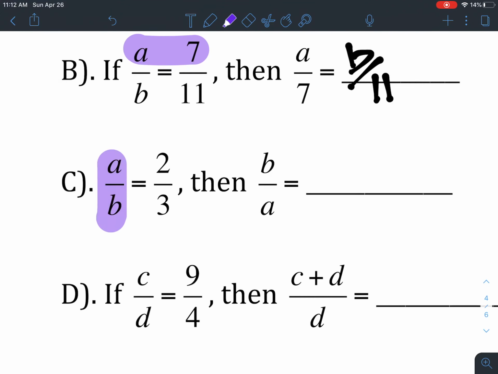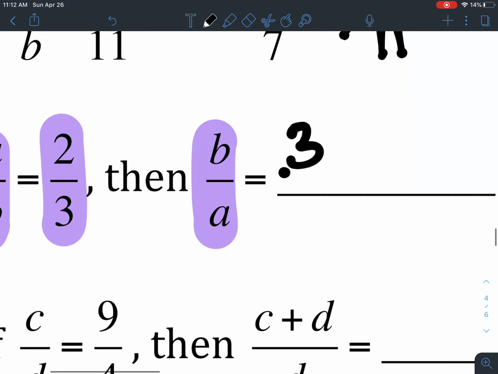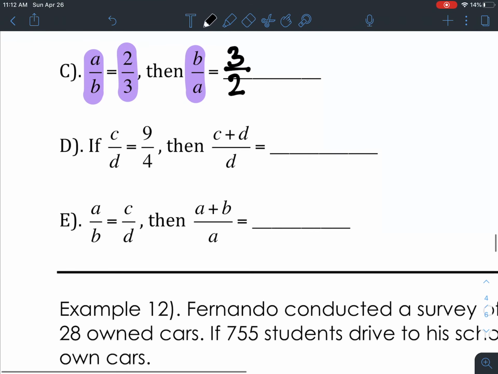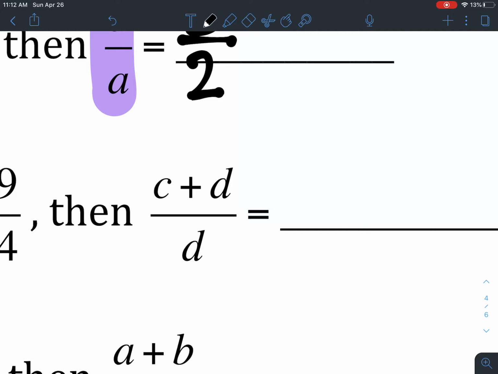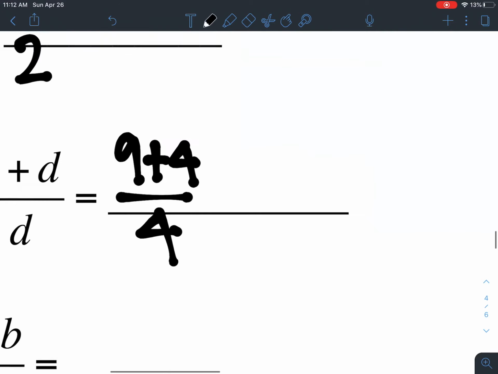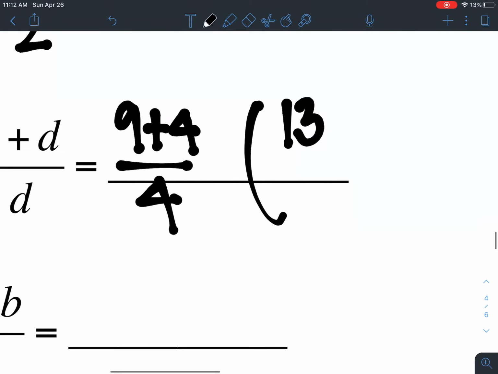Next one, if A over B is equal to 2/3, then B over A is equal to 3 over 2. For D, if C over D is equal to 9 over 4, then C plus D over D is equal to 9 plus 4 over 4, which is technically 13 over 4.